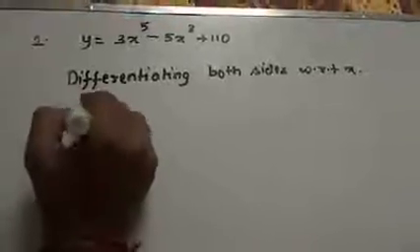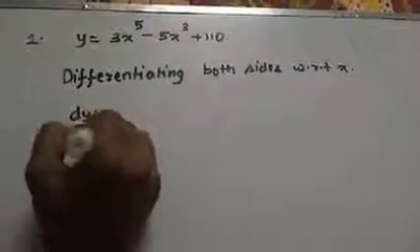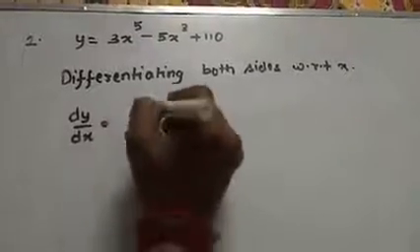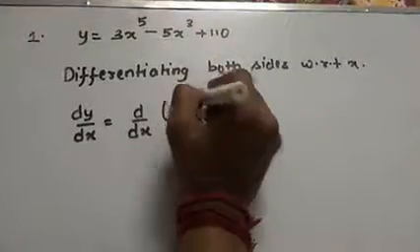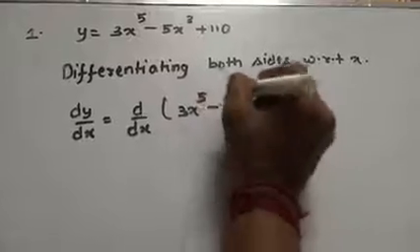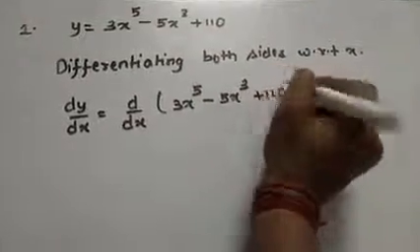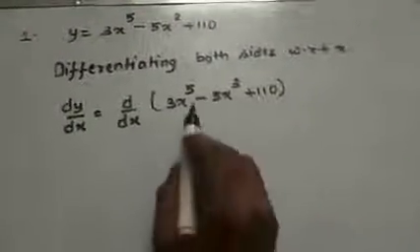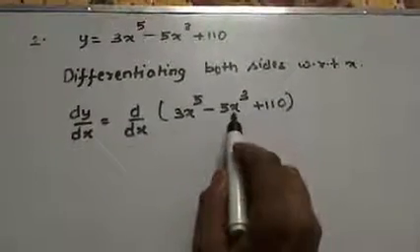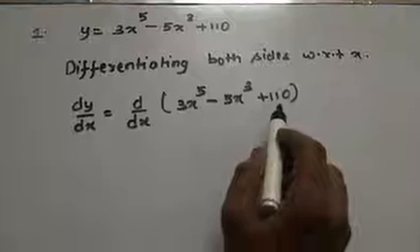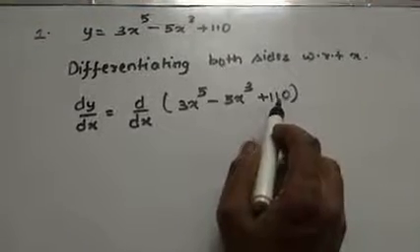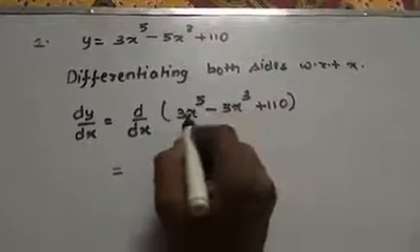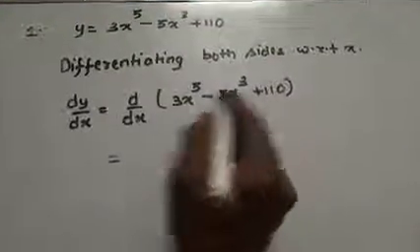Then we'll do dy by dx equals d dx of 3x to the power 5 minus 5x cube plus 110. Now there are three terms: 3x to the power 5, another term is 5x cube, and another term is 110. So by using the rule of addition and subtraction, we can differentiate each term separately.